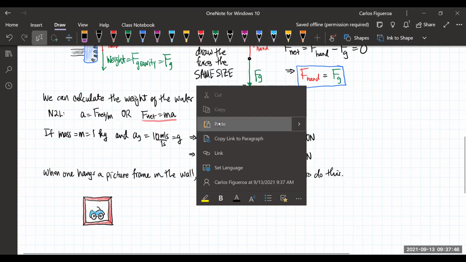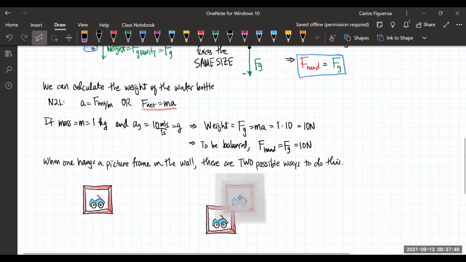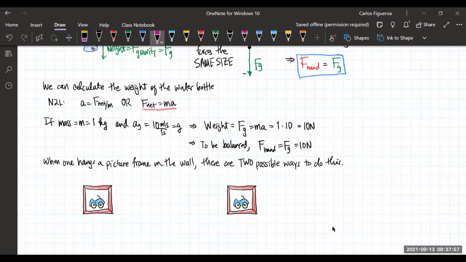The one thing I want to pay attention to is that there are two ways that you could hang this thing. In each situation, we typically see one nail. So this could be a wall nail of some sort. Now, you could take this thing and hang it by one wire versus two wires.